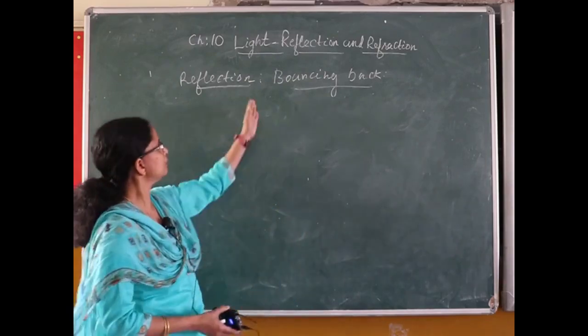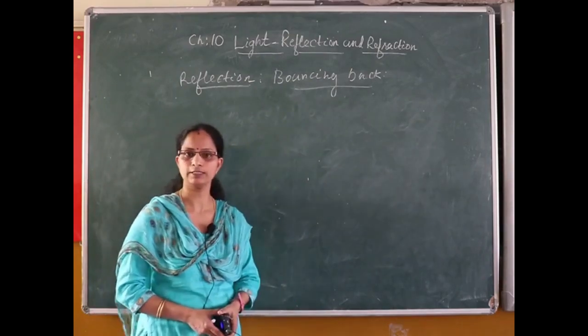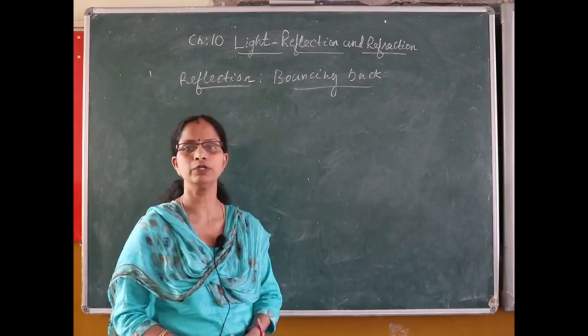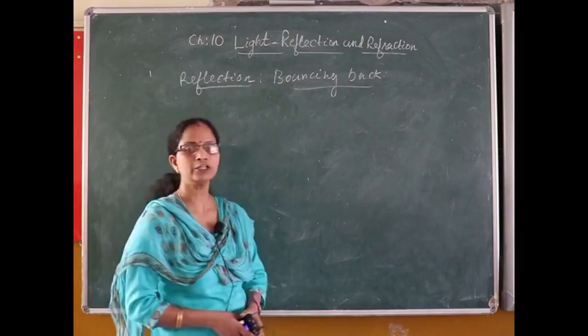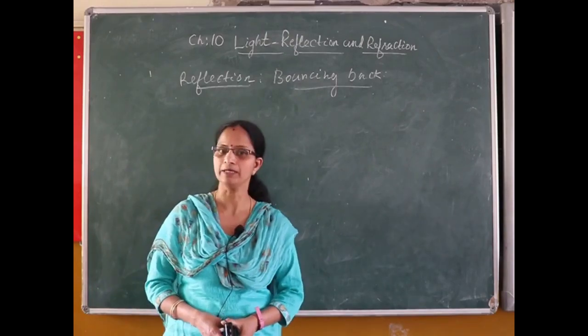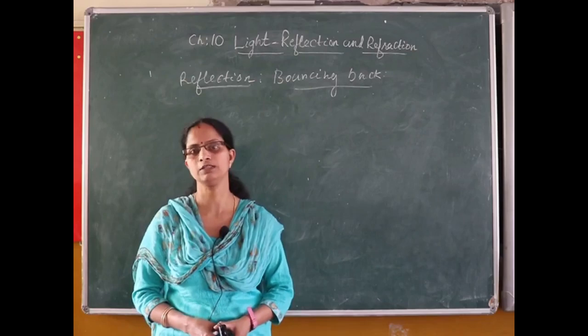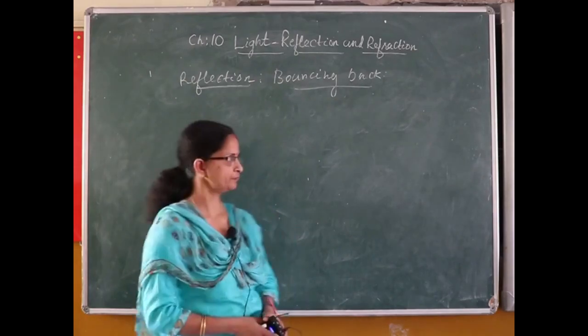So that bouncing back is known as reflection. Now, before moving to the topic of spherical mirrors, we can see that reflection obeys certain laws, known as the laws of reflection.